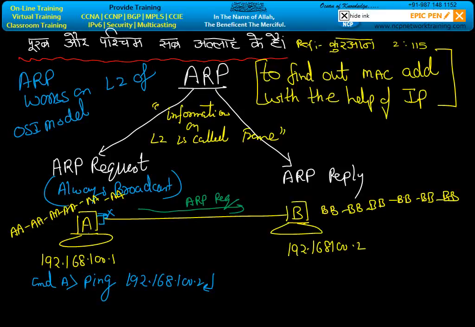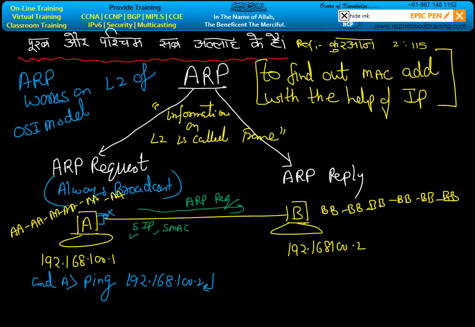In the ARP request, machine A will send the following information: the source IP and the source MAC. Machine A knows the source IP, which is 192.168.100.1.